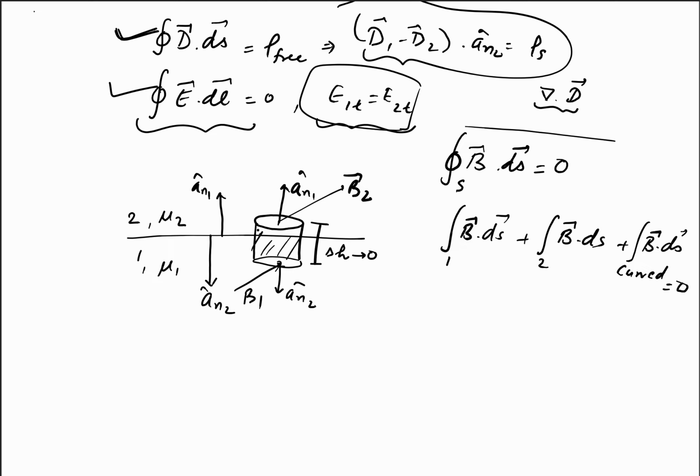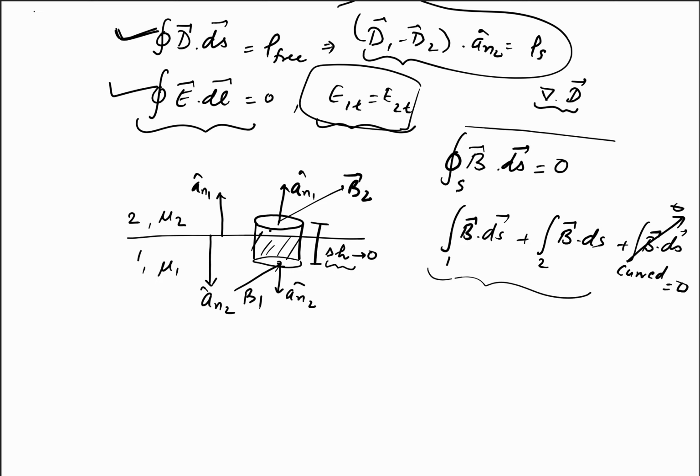Now the area of this curved surface will go to 0 when we take this limit, that is we reduce this height to 0, so that we are just on the interface. So we need not worry about this. Now we just need to worry about these two.